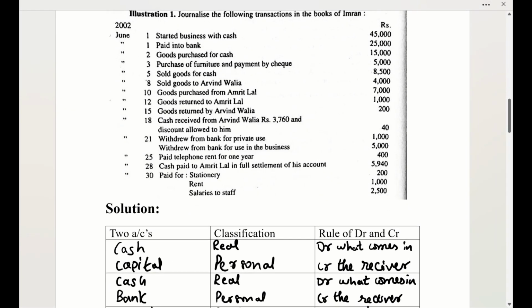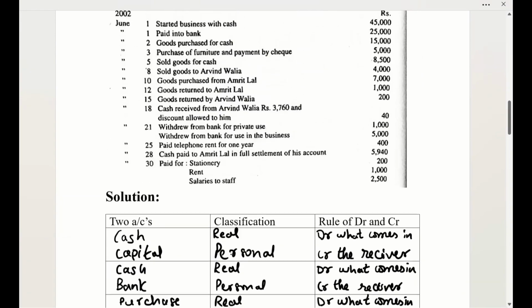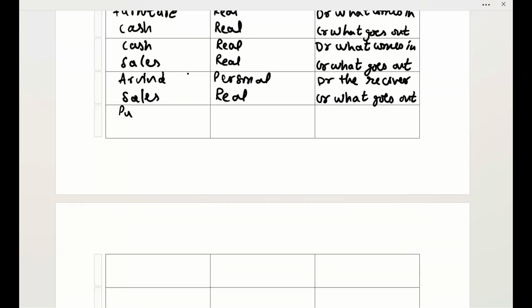Next we have goods purchased from Amrit. The previous entry was goods purchased for cash. Here we have goods purchased from Amrit. Purchased for cash is a cash transaction, and purchased from Amrit is a credit transaction. So we have here purchases as well as Amrit.